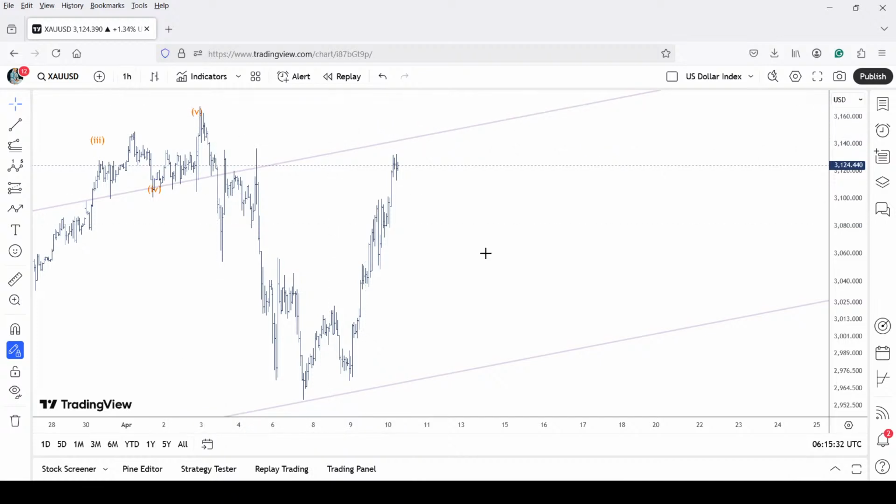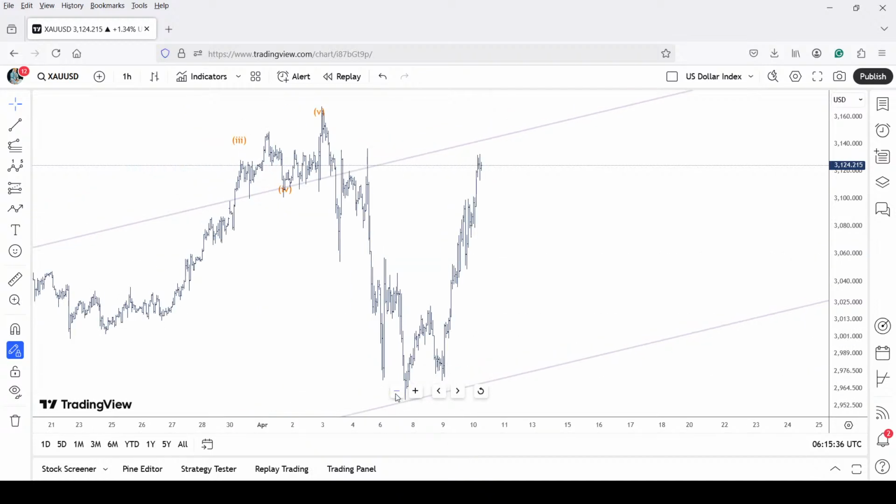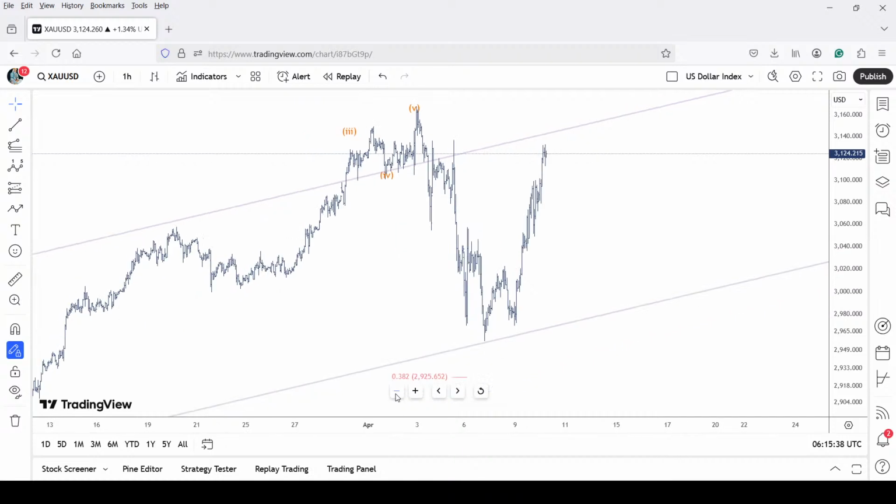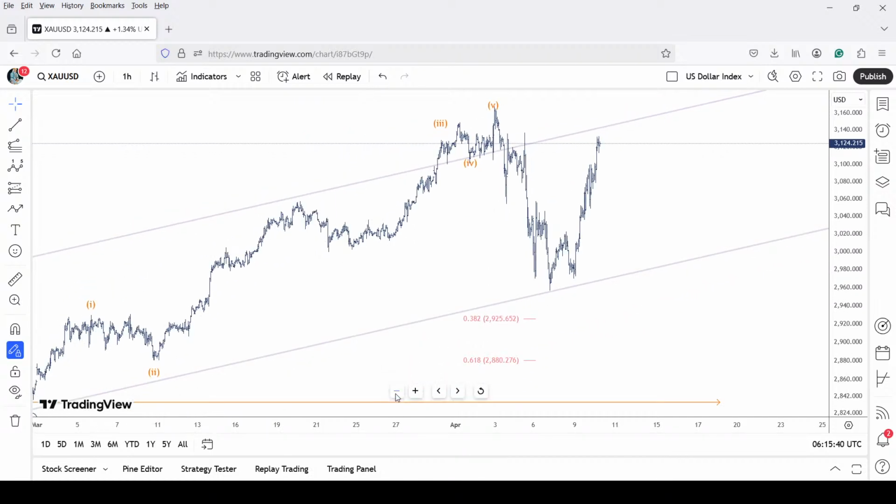All right. One more thing which I was watching was the backside of the trend line, because that is one place where prices should face strong resistance. Let's check out.